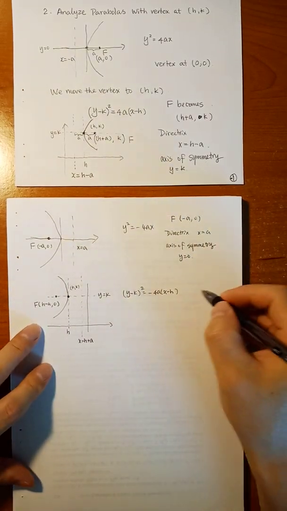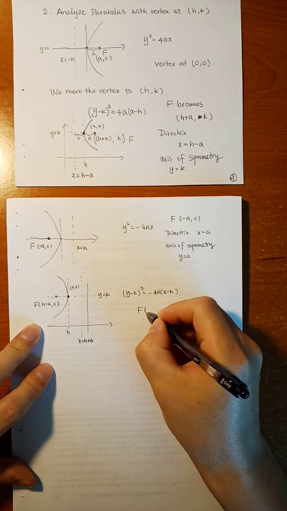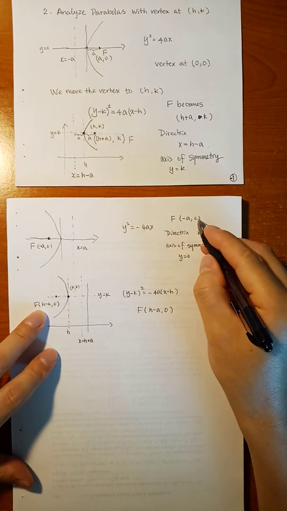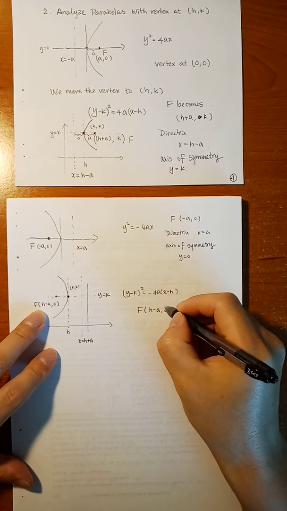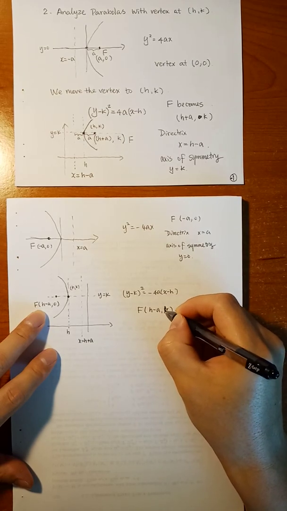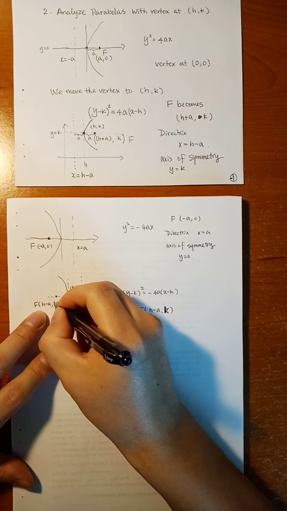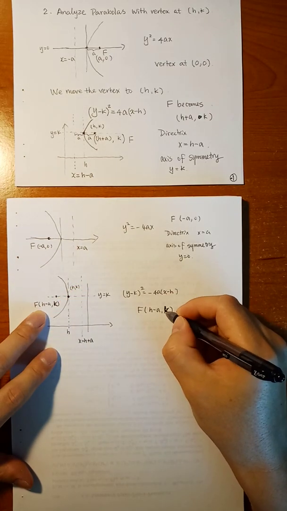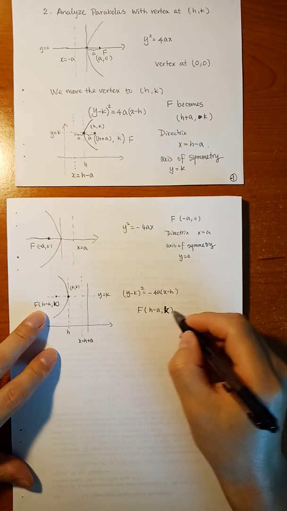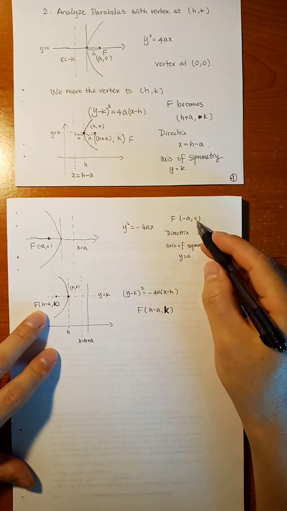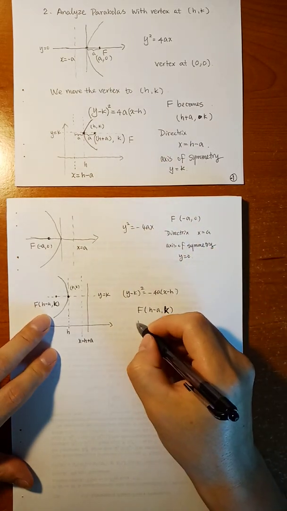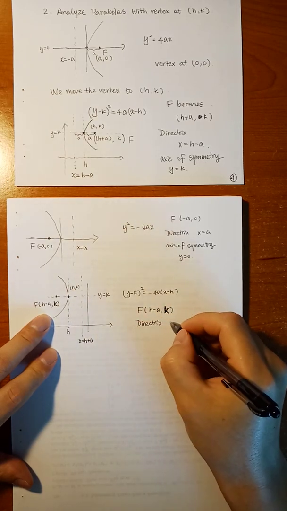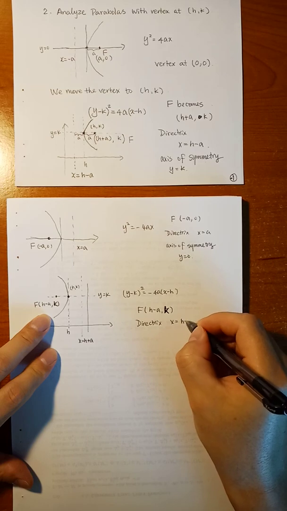And the focus becomes F h minus a, 0. You see, add h. Sorry, it's k. F is h minus a and k. Always add. And the directrix x equal to h plus a.